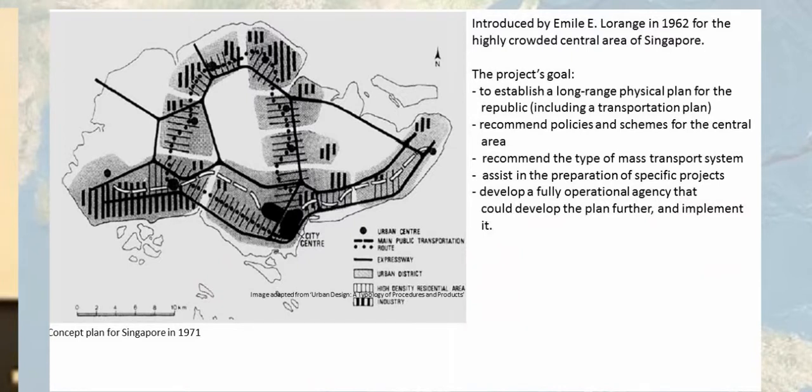The project's goal: to establish a long-range physical plan for the Republic, including a transportation plan, recommend policy and scheme for the central area, recommend the type of massive transport system, assist in the preparation of specific projects, and develop a fully operational agency that could develop a plan further and implement it.